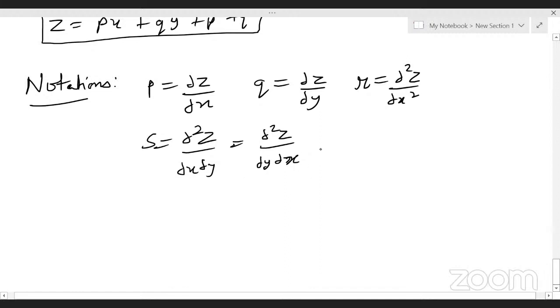That is, the order doesn't matter. And t means del square z upon del y square. These are the terms that you need to know, because we will be using them throughout PDE. These are very standard notations that you need to follow. So let's start with the topic.